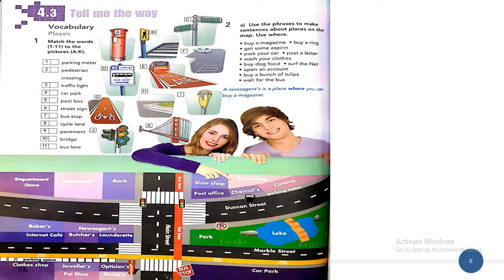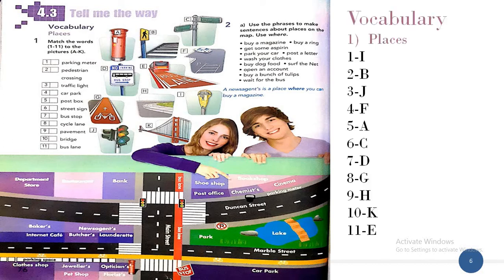Good, and now let me give you the answer key. So, 1 we match with I. Parking meter, this is I. Pedestrian crossing is B. Look at picture B. This is what we call a pedestrian crossing. 3.